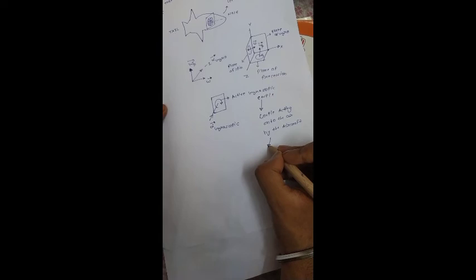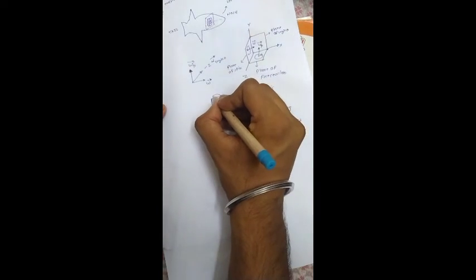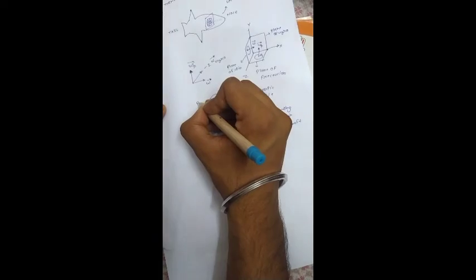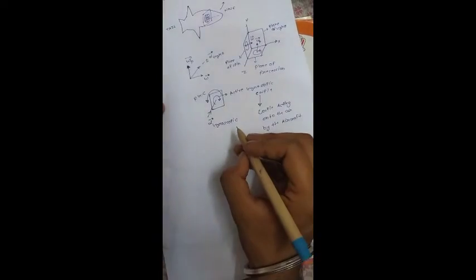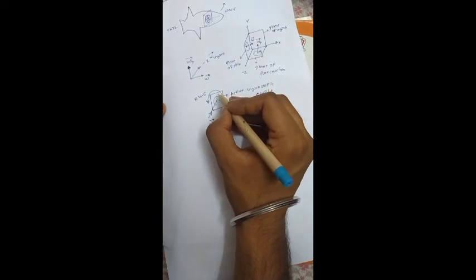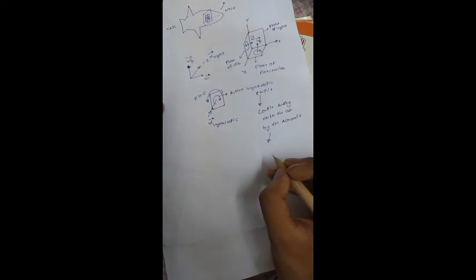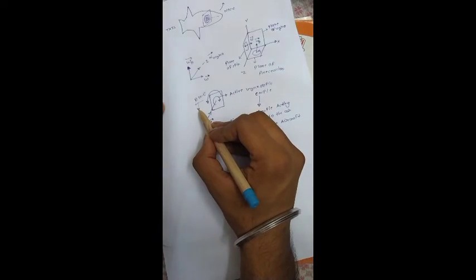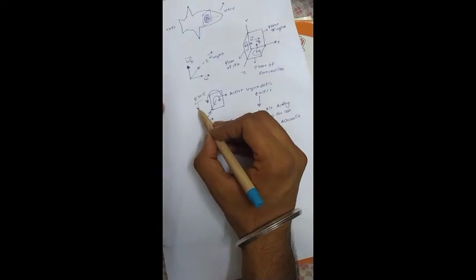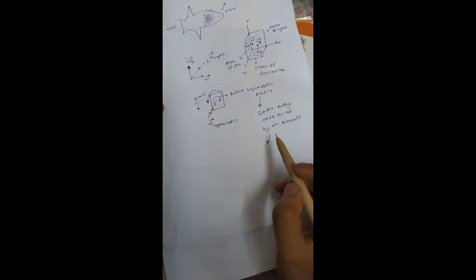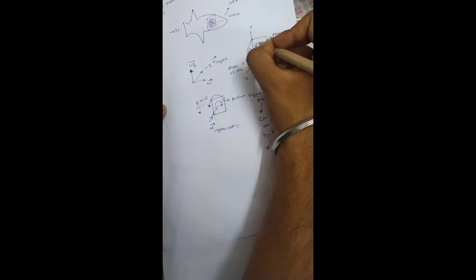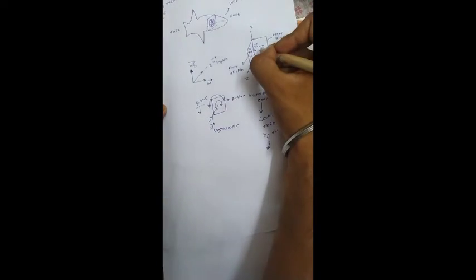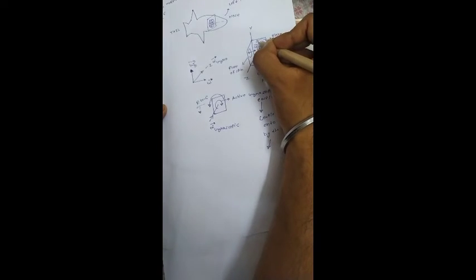With the help of Newton's third law, there will be a reactive gyroscopic couple in this sense. What is the reactive gyroscopic couple? This is the couple which is acting on the aircraft by the air. So if I show this here, this is the active gyroscopic couple and this is the reactive gyroscopic couple.